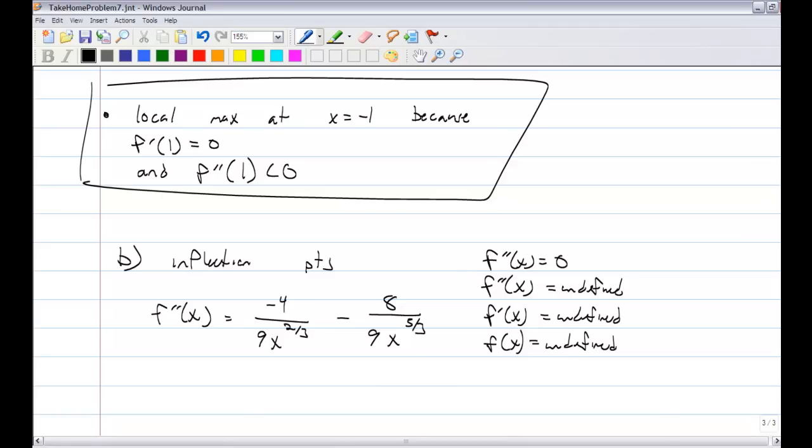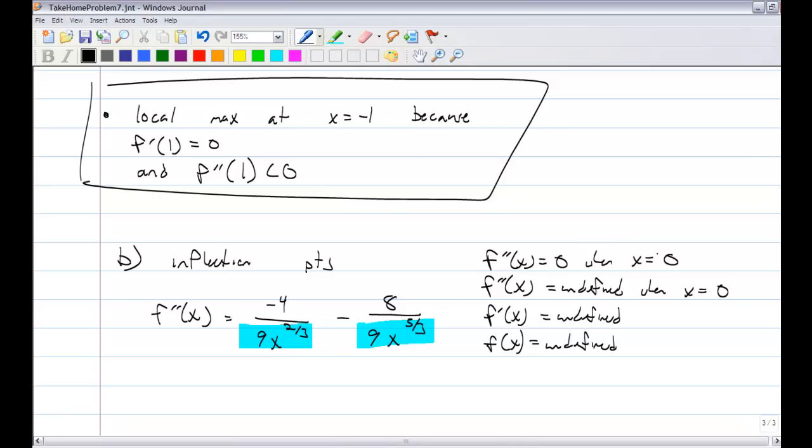Okay, so let's look. Is f double prime of x ever undefined? Yeah, when x equals 0, because in both of these fractions here, if x is 0, you get to divide by 0. Is f double prime of x ever 0? You'd ask your 89, or you'd ask Wolfram to do it. F double prime of x equals 0 when x equals 2.